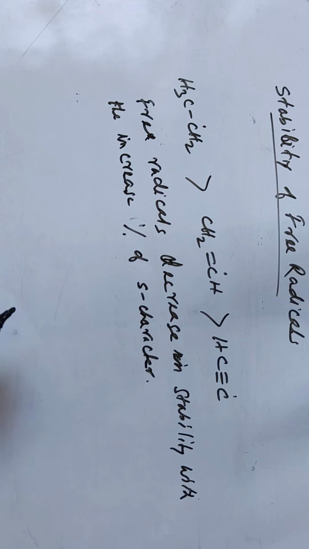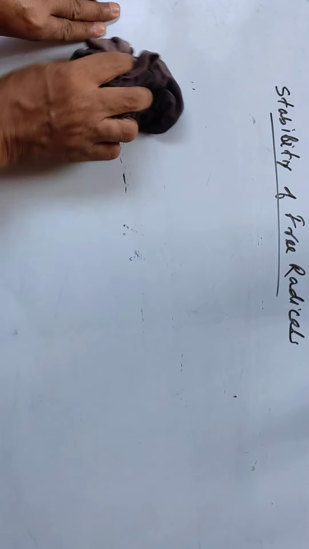Another factor is that across the periodic table, free radicals decrease in stability as electronegativity increases.